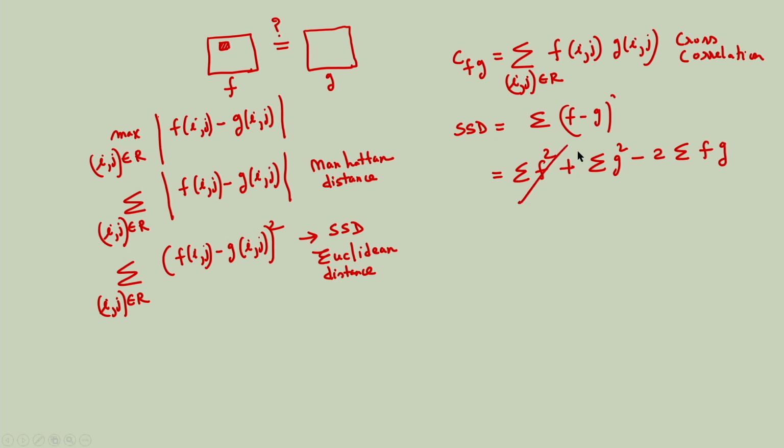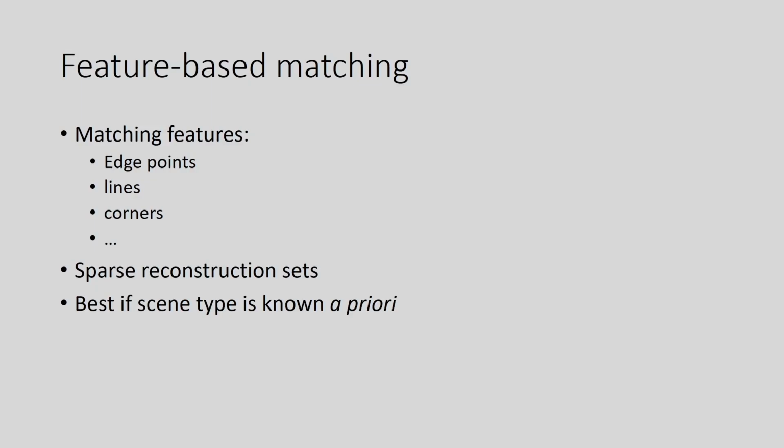If you see, this is constant and this is also constant. So, this is nothing but the cross correlation. That means the SSD actually also gives the value of the cross correlation in this case. So, by using these measures we can find the similarity between the pixels, and based on this I can do the matching. The next point I want to show you is feature based matching.